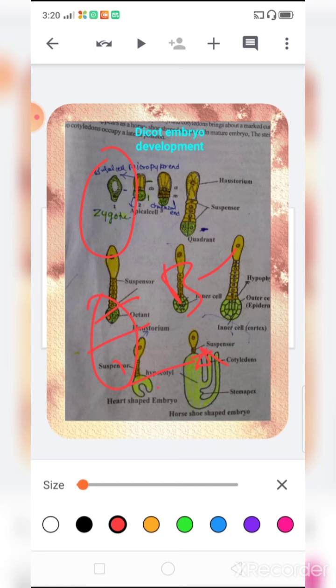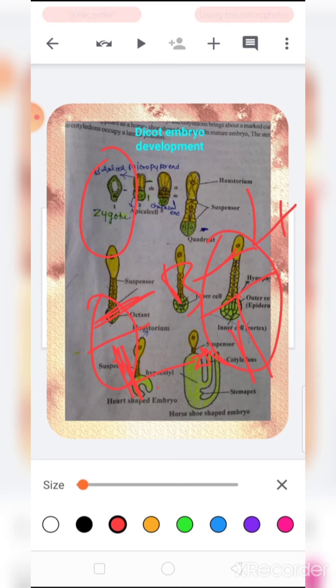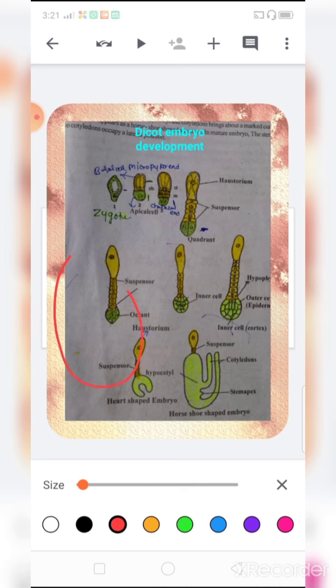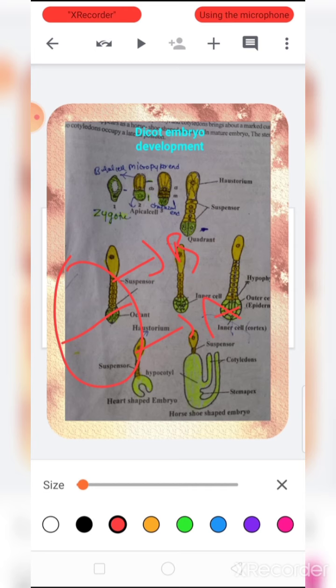Later on, the apical cell takes a longitudinal division and the basal cell takes a transverse division, forming four cells which are arranged in an inverted T shape.